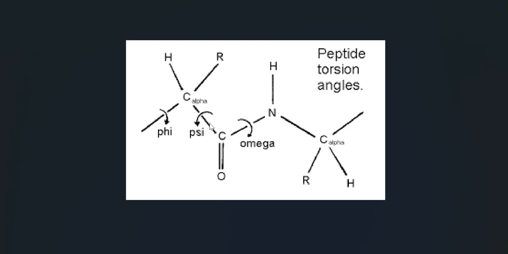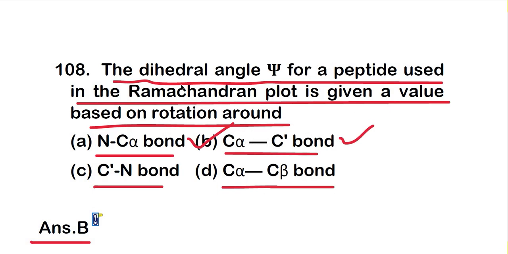That's why it is called the psi bond between the C alpha and C of the peptide bond. So that's why we can say the psi bond is the C alpha C bond.